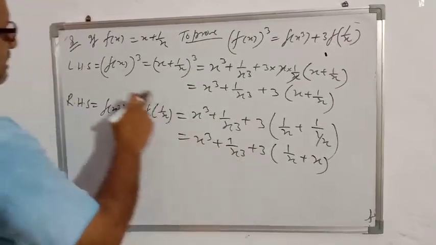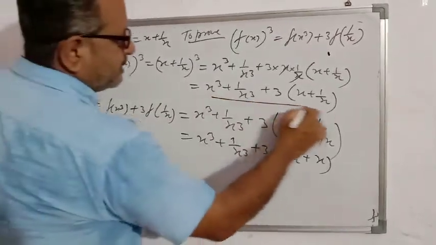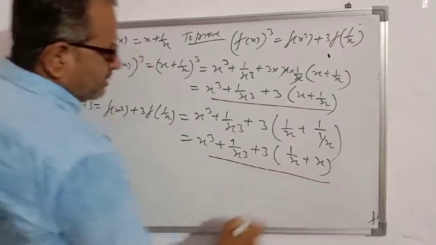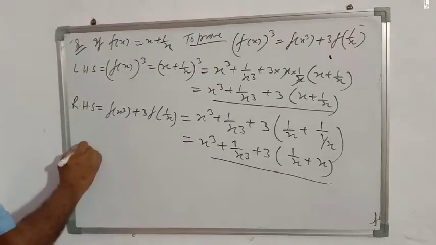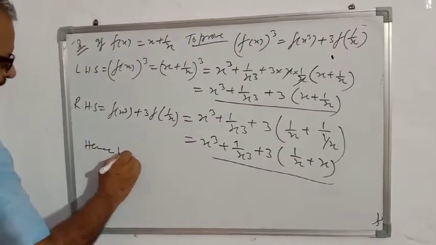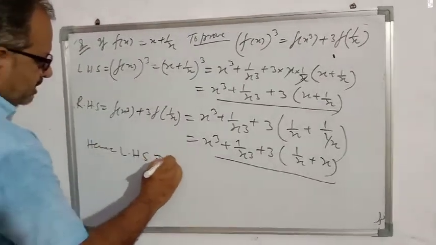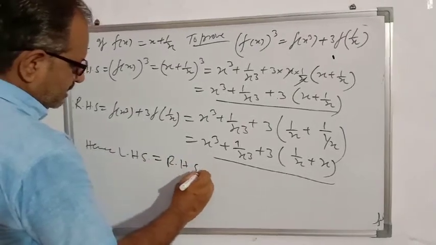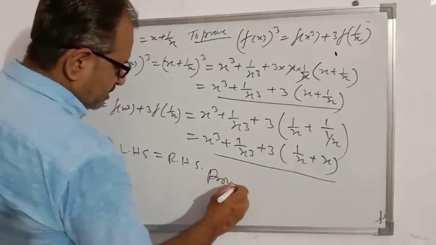We see that the left hand side and right hand side are both equal, hence LHS is equal to RHS. Proved.